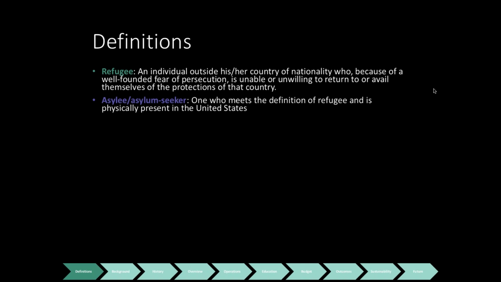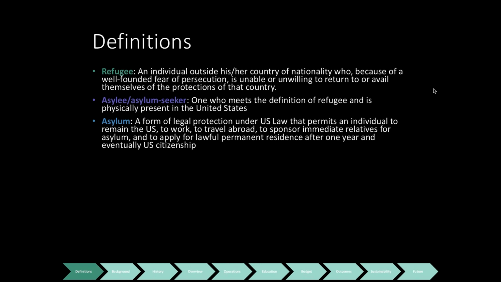This is in contrast to an asylee or an asylum seeker, who is an individual who meets the definition of a refugee, but is already physically present in the United States. So rather than being displaced and living in a refugee camp awaiting resettlement by the UN High Commissioner for Refugee Affairs, they've now made it to the United States or some other nation.